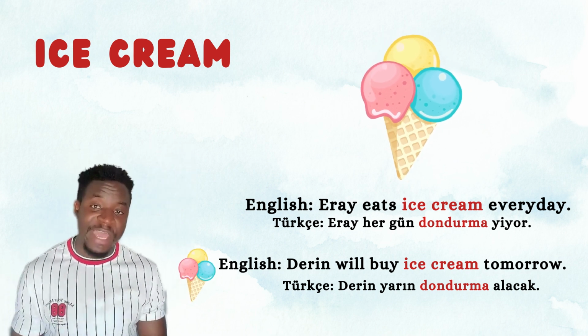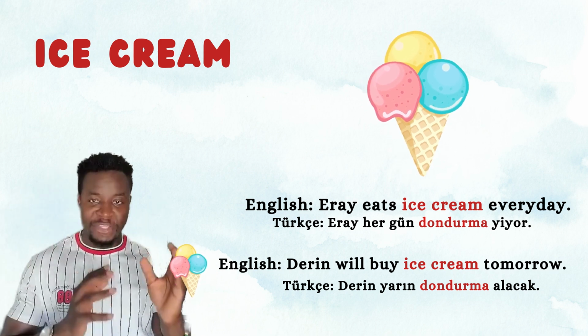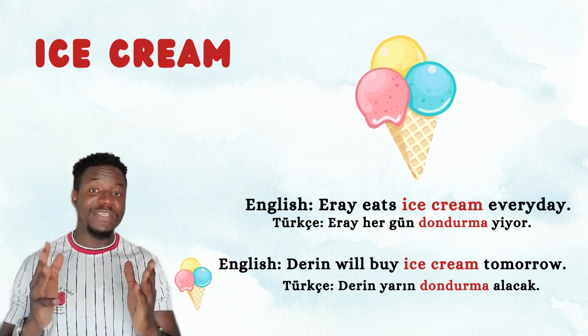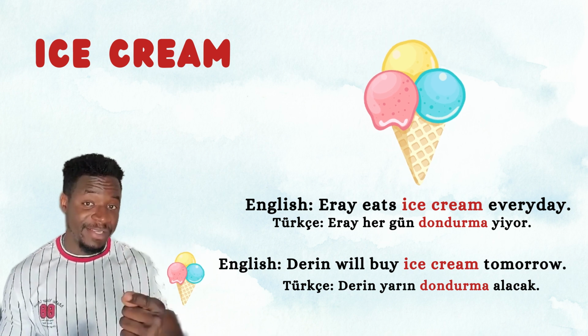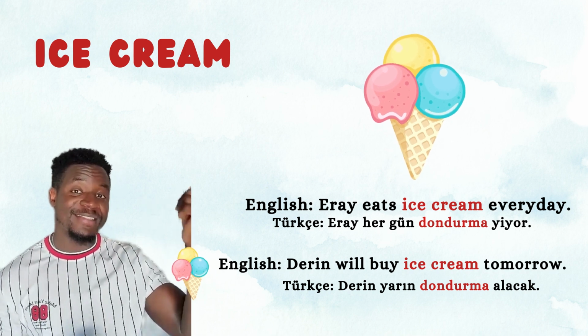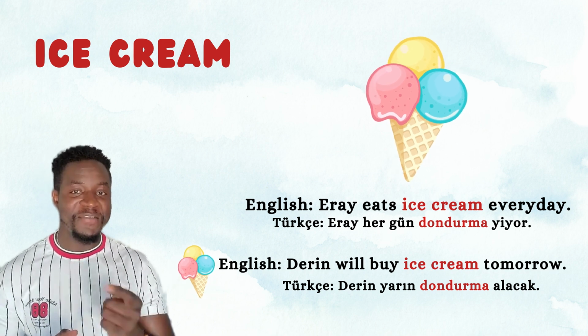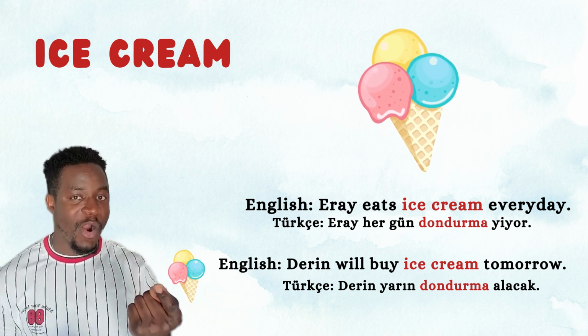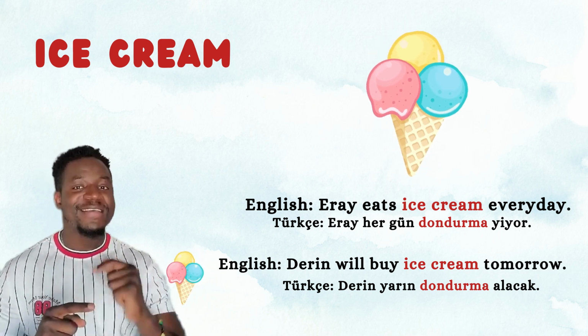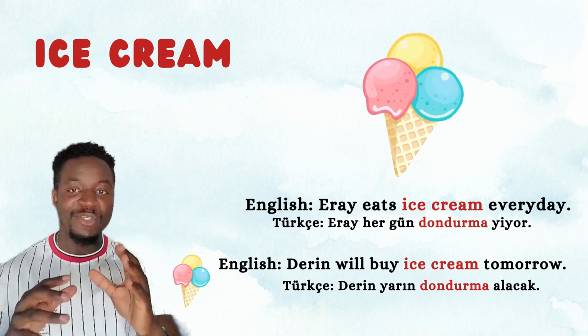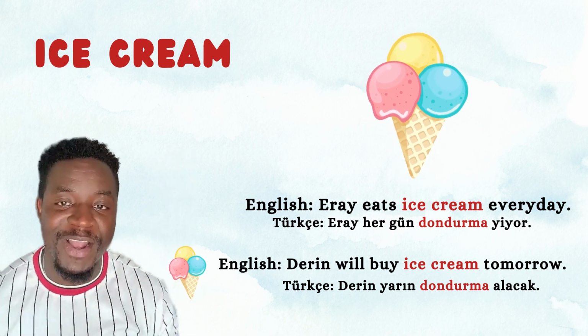How do we say this in the Turkish language? So we say, Derin yarın dondurma alacak. Okay, once more. Derin yarın dondurma alacak.